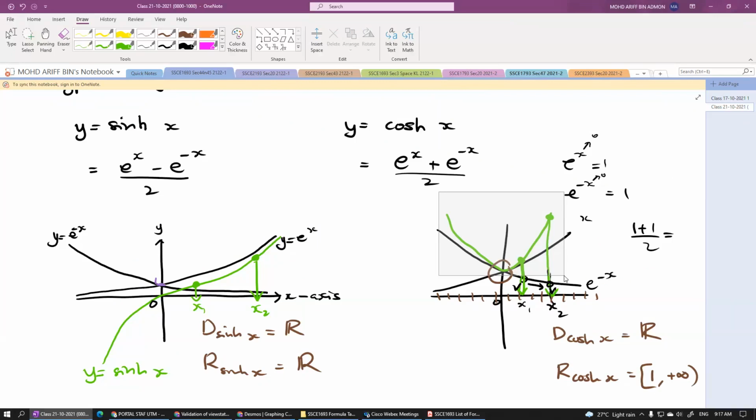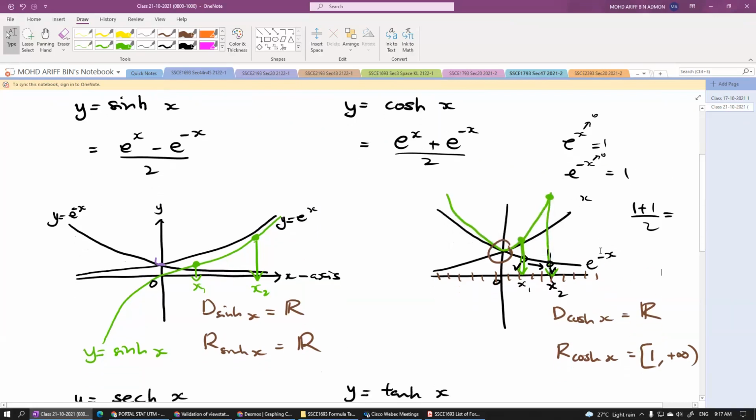For cosine hyperbolic, are you sure it is one-to-one? But I think it's 1, 2, or 2. Okay, so yes, two. So basically we say many. For cosine hyperbolic, this is many to one. Yes, many to one.